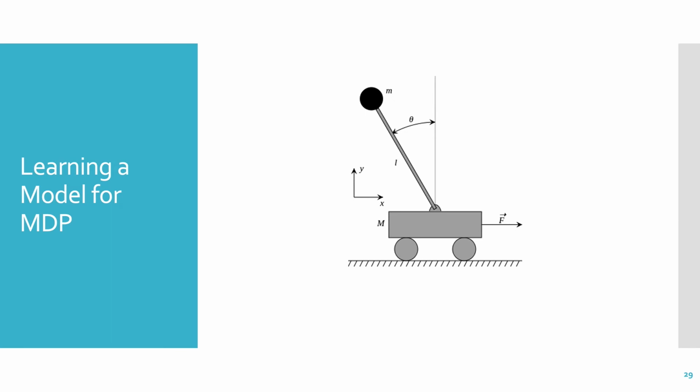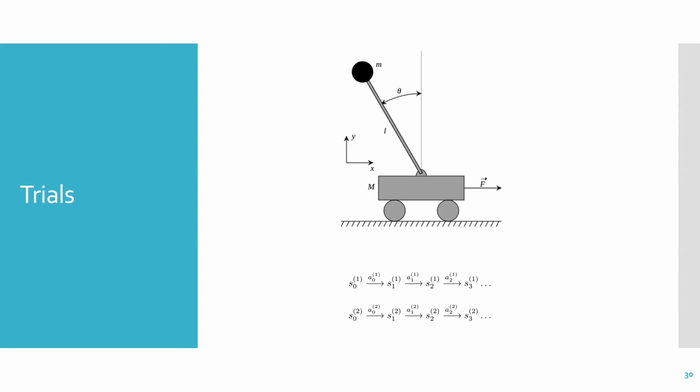For example, suppose that for the inverted pendulum problem, we had a number of trials in our Markov decision process that go like this. Here, S0 to the 1 means the starting state for our first trial, and A01 means the first action we took for our first trial.